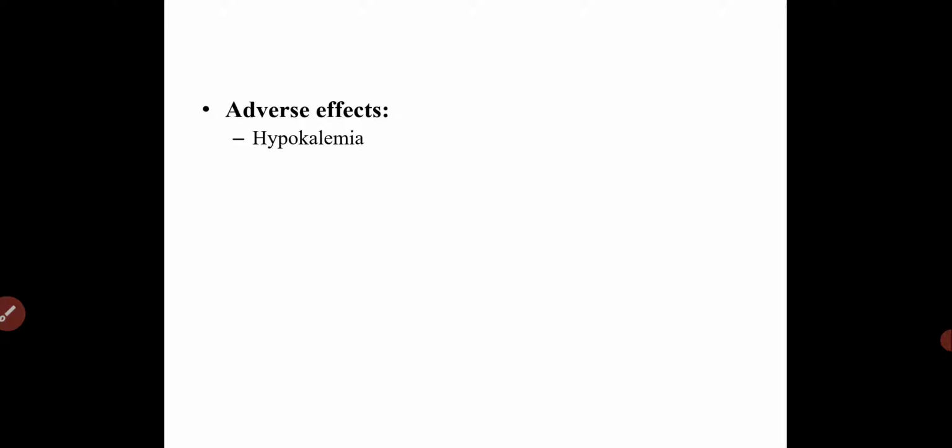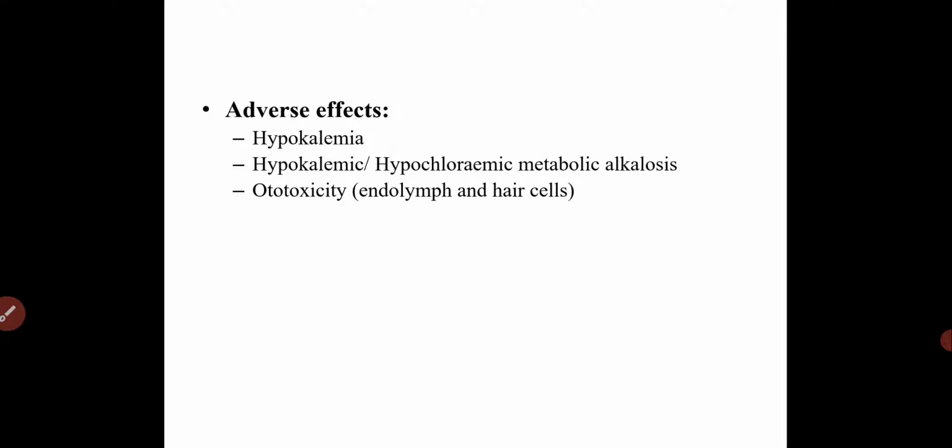Then adverse effects: it decreases the potassium level in our body. So there is hypokalemia, it excretes potassium and chloride. So there is a hypochloremic metabolic alkalosis. It also alters the electrolytes in various fluids in our body, like the endolymph, okay.